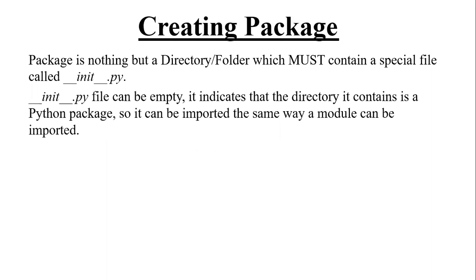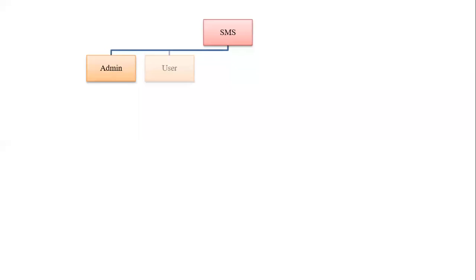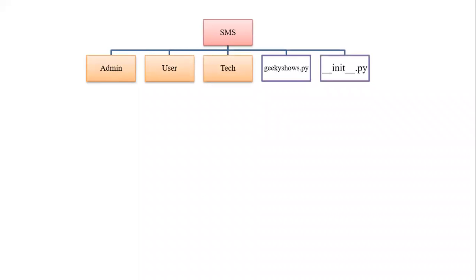We'll discuss how to create a package. Before creating the package, I would like to make you understand about the directory or the package. This is the root directory, right? Which we will create first. SMS is a root directory, containing all sub packages like admin, user, tag, right?